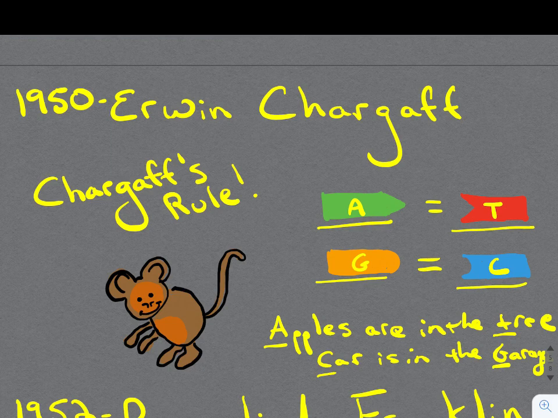The other thing that Chargaff discovered is that DNA is species specific. So the amount of DNA that you could find in humans is similar between humans, and the amount of DNA that you can find within a species of monkey, let's say rhesus monkeys, is similar between rhesus monkeys, but it's different between species.